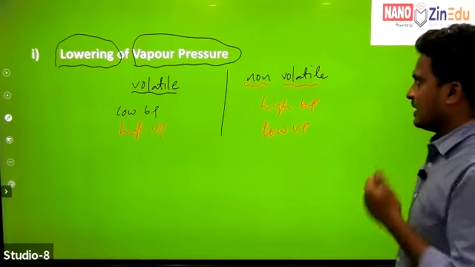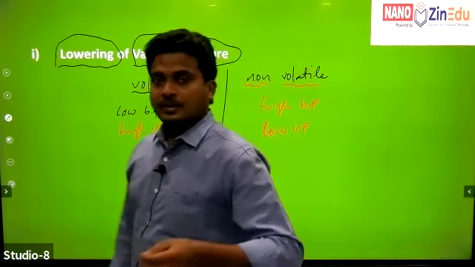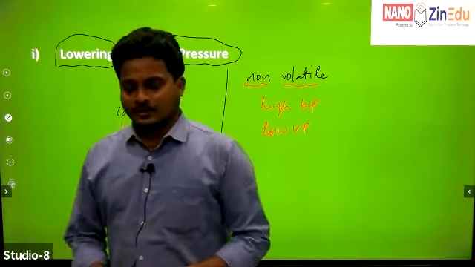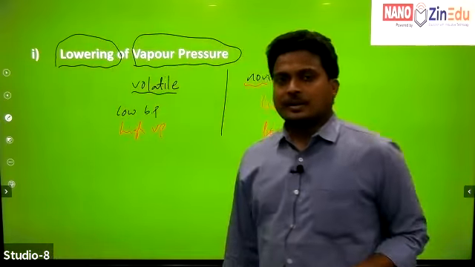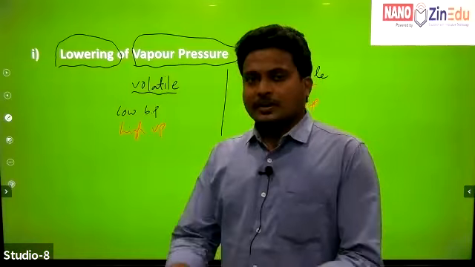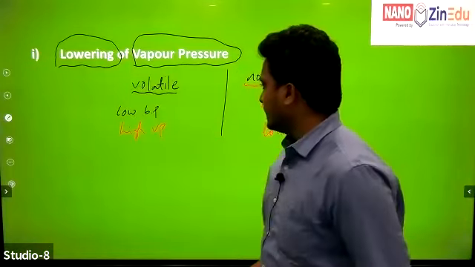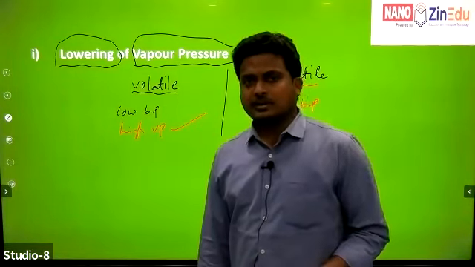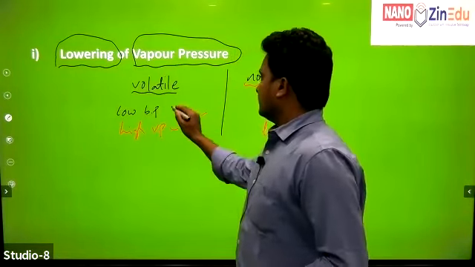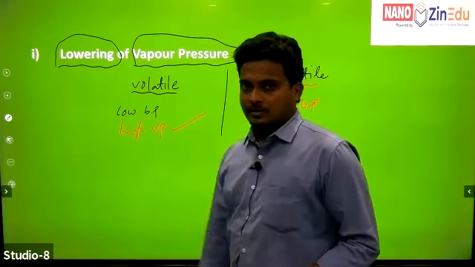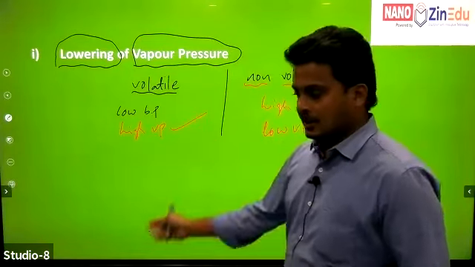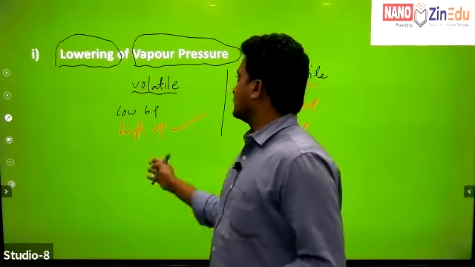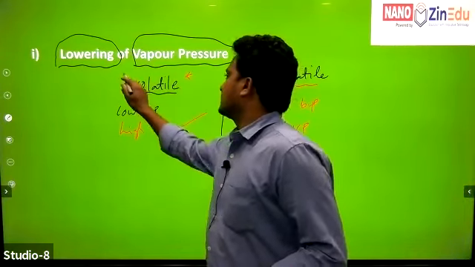For example, take petrol. If you open a petrol tank, what will you observe? Petrol is ready to vaporize, so it has high vapor pressure. What about the boiling point of petrol? It is very low, right? That is why ether, petrol, higher alkanes, carbon disulfide, acetone, toluene, etc. belong to volatile substances.